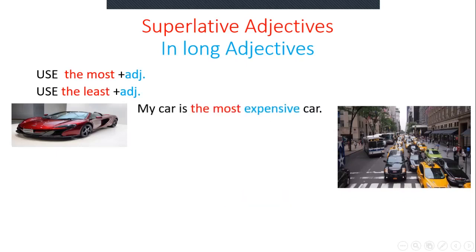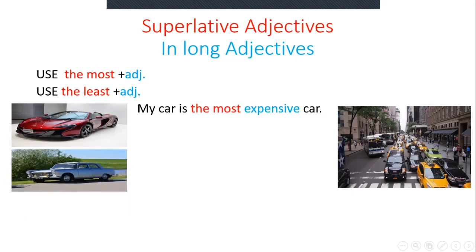I can say my car is the most expensive car. Here, my students, we use the most plus long adjective. If I want to compare between this old car and all these cars, I can say your car is the least expensive car.